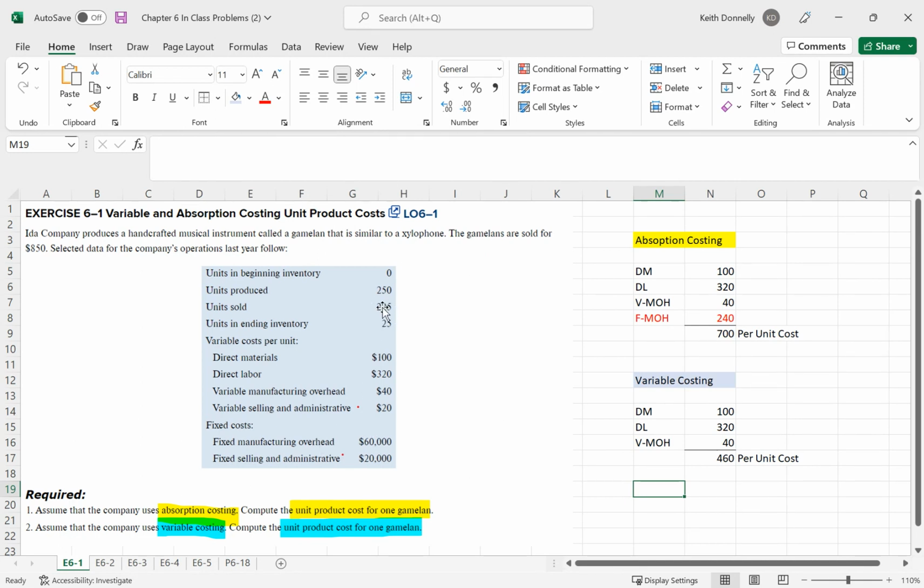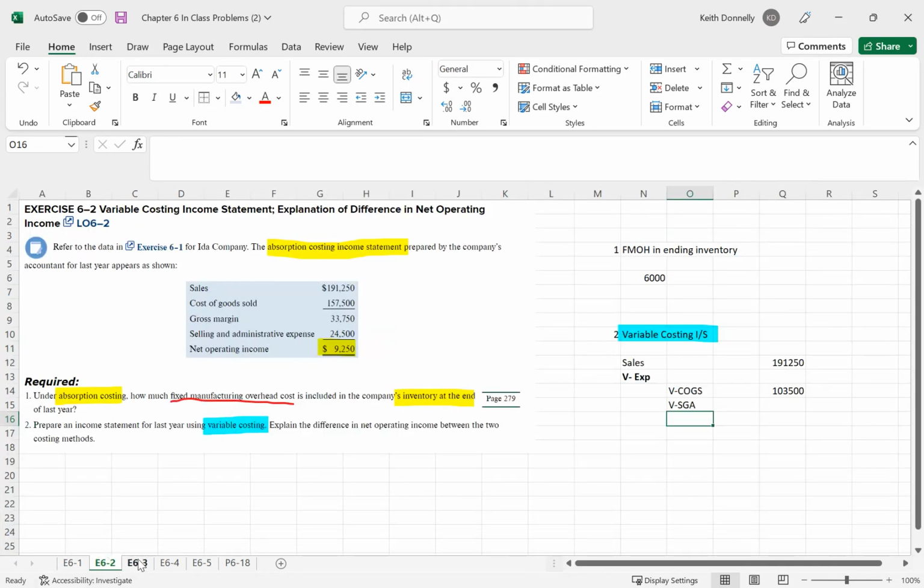We sold 225, so 225 times the $20 variable SG&A per unit. We're looking at $4,500.